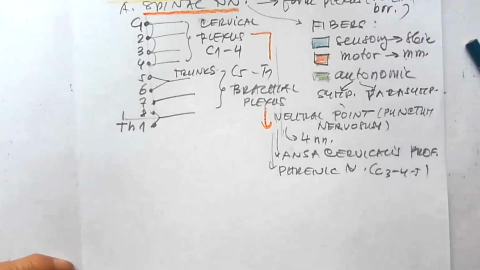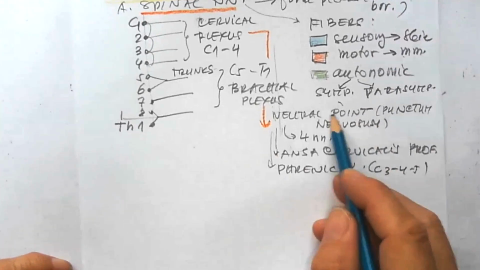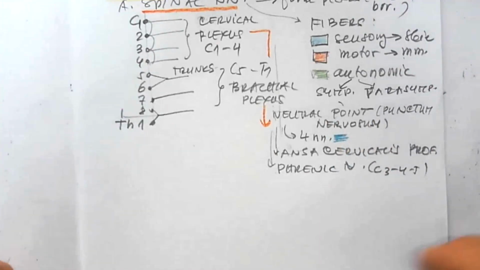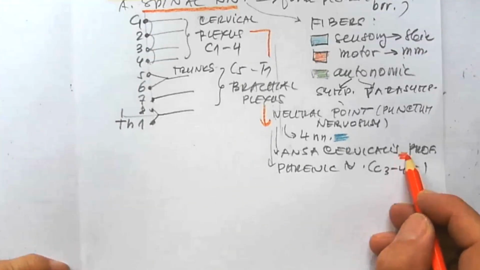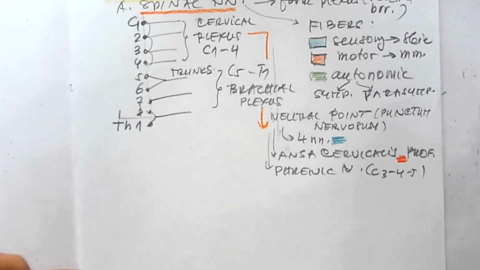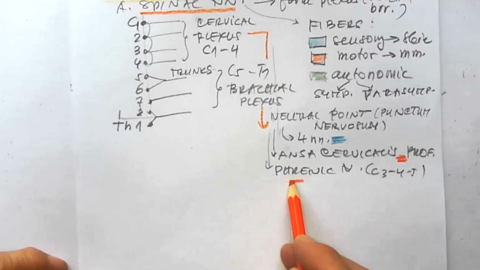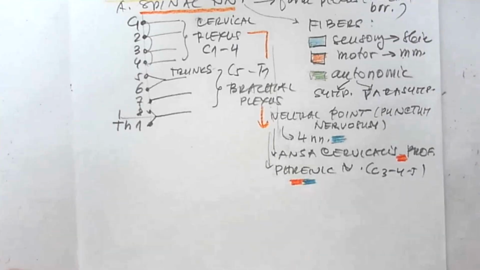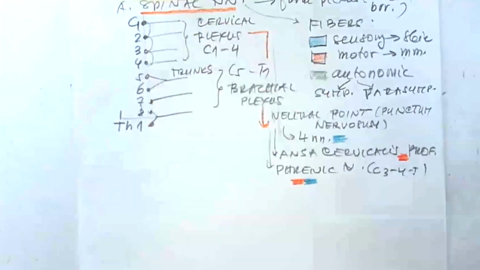And concerning the categories, neural point 4, sensory nerves, ansa with the motor branches, and take care, the phrenic nerve has both sensory as well as motor. So motor preferably.